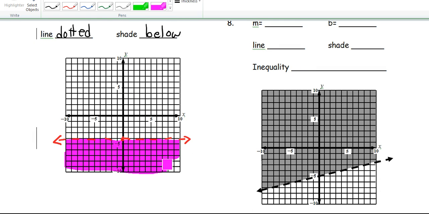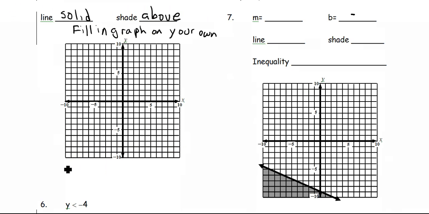All right, now we end up sometimes having a graph and needing to write the inequality. So let's look at this. Let me move that part so that we can see a little bit better here.